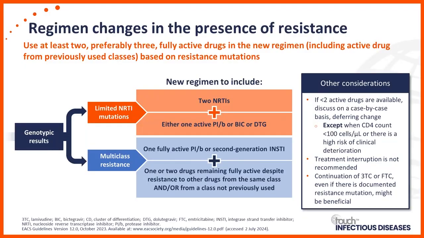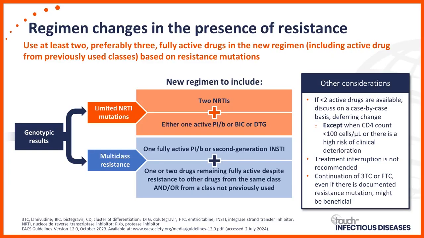The general principle is to use at least 2, preferably 3 fully active drugs in the new regimen, based on the resistance mutations. And of course, if you have limited resistance only to an RTI in the early phase of HIV infection, the new regimen usually includes 2 NRTIs plus 1 active boosted PI or a second generation integrase inhibitor, bictegravir or dolutegravir.